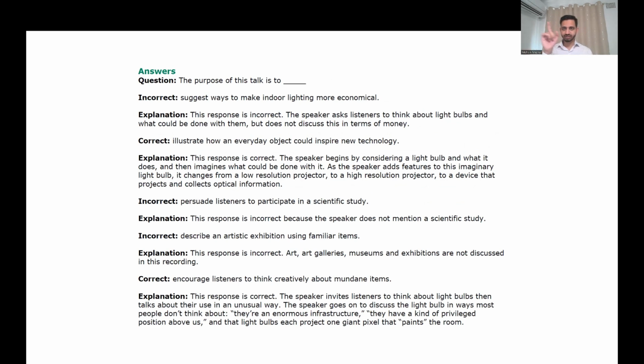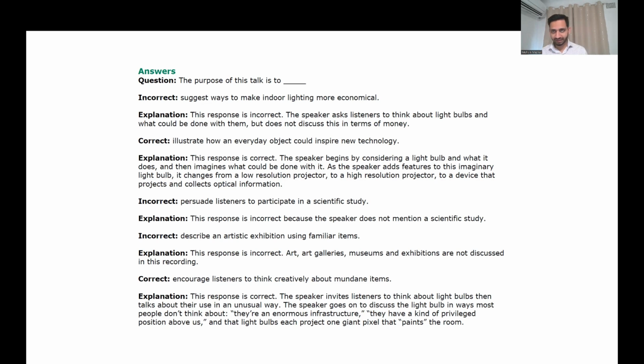Okay, so you can eliminate that. Very easy for us to eliminate that. This response is incorrect. The speaker asks listeners to think about light bulbs and what could be done with them. It does not discuss this in terms of money or economical terms.